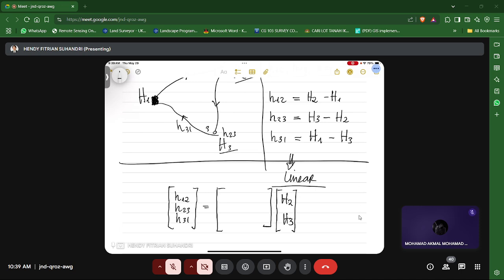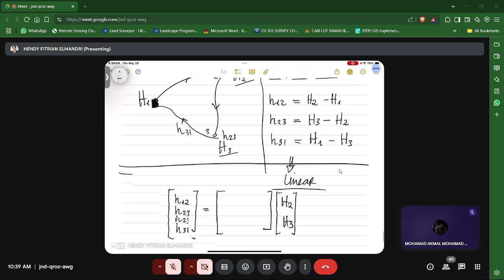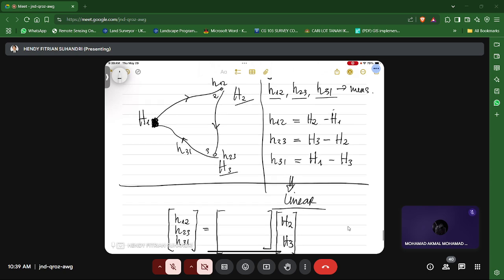Everything known, we have to put together on the left side. We have to move them to the left side because they are already known. So if we move them to the left side, I have here plus H1, and for the third equation, I also have plus H1.